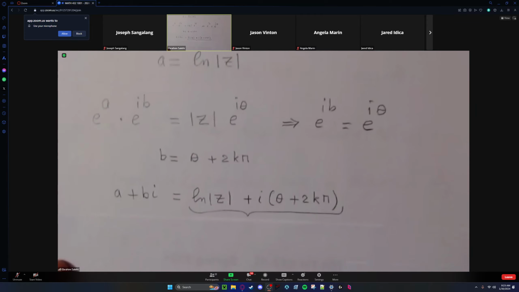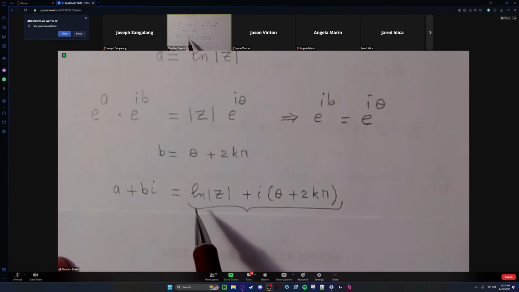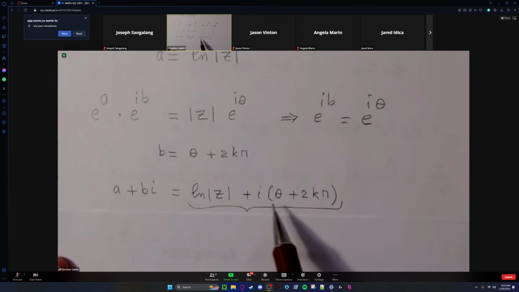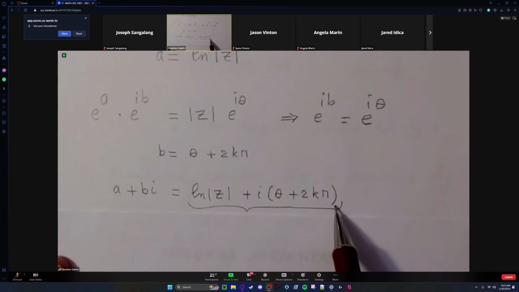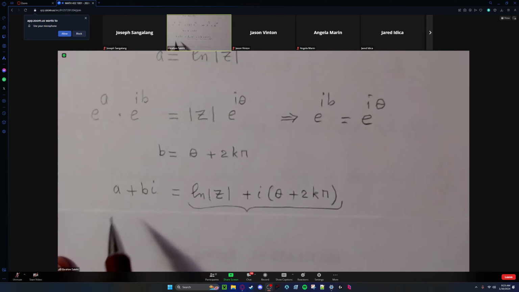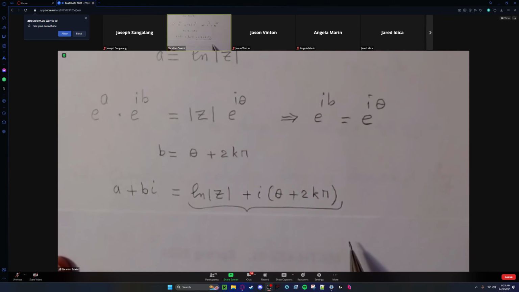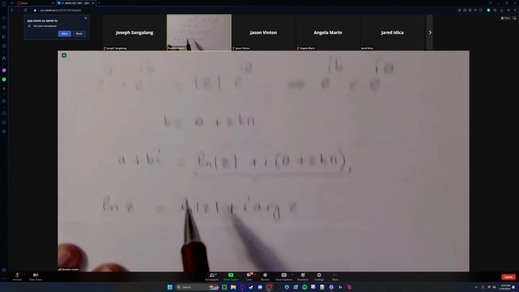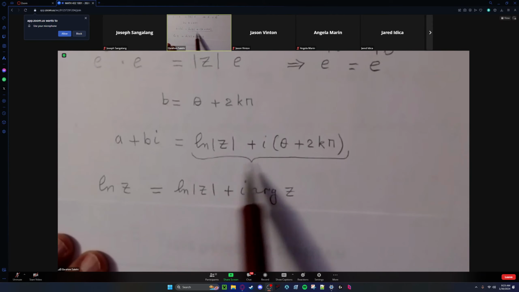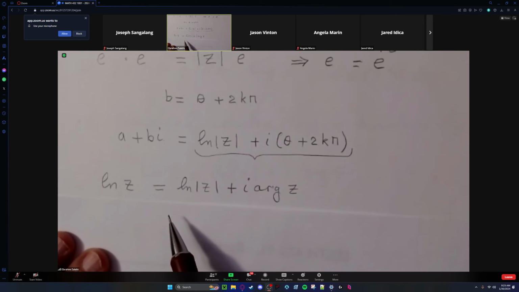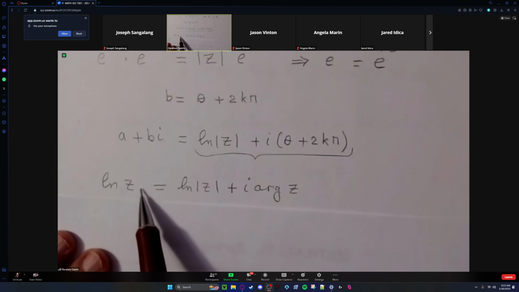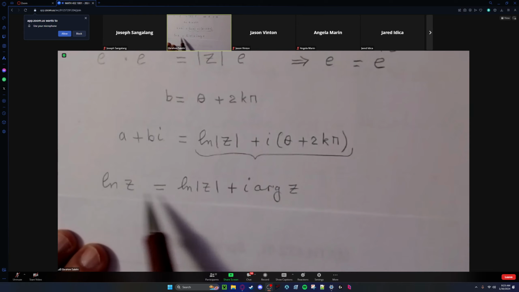So here is a plus b. a is natural log of modulus of z, and b is this. So e to the this will be z. Okay, this is what we call logarithm of z. So in complex analysis, when you have a complex number, log of z will be this.